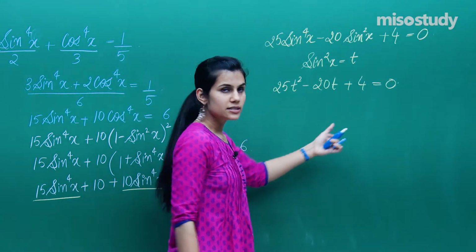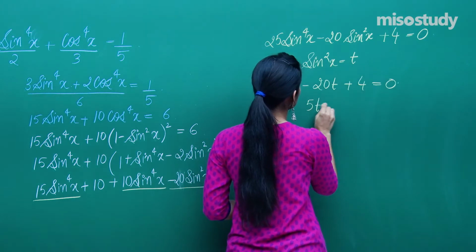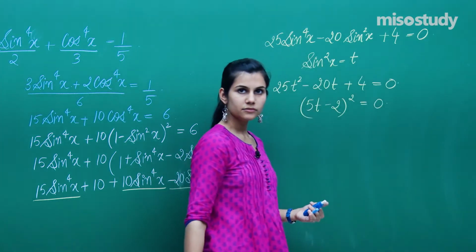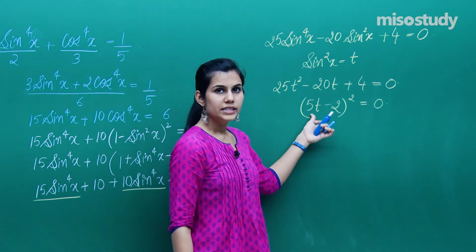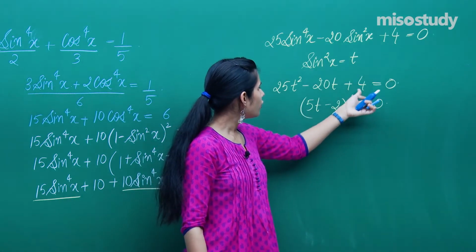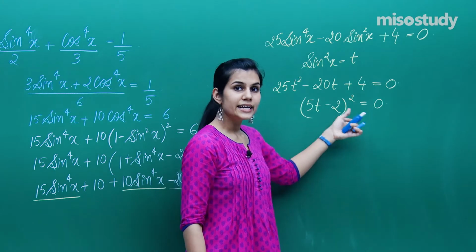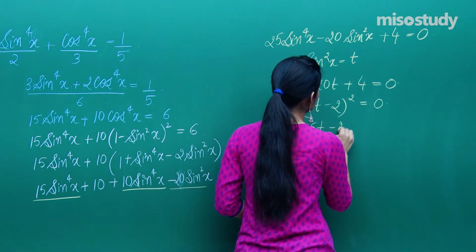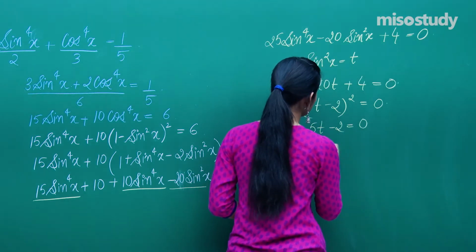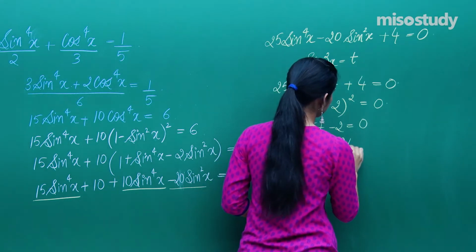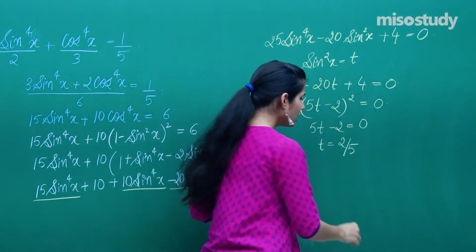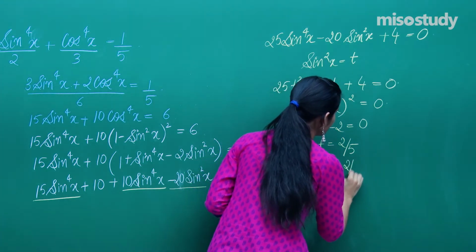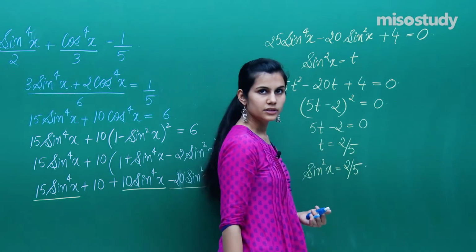Now what is this? Perfect square. 5t minus 2 whole square is 0. 25t square plus 4 minus 5 into 2, 10, 10 into 2, 20t. This is what you have. This means 5t minus 2 is 0. That means t is 2 by 5, which means sine square x is 2 by 5.